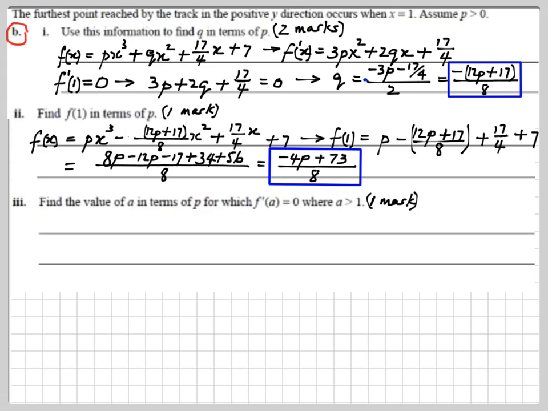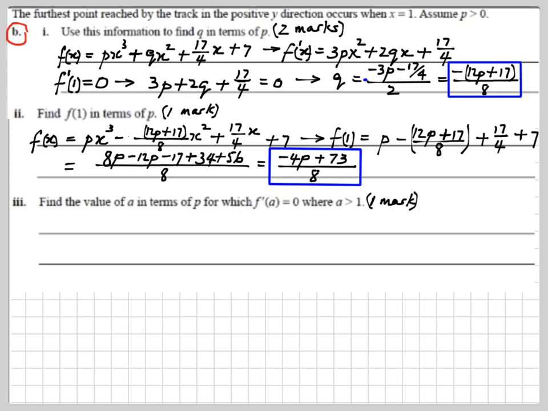Now, this question appears to be asking the value of another value of x, which we're going to call a, specific value a, for which there's another local something, max or min, right? And a has to be more than 1. So I think on the graph that equates to point E. Do you think so? Because they're saying a is greater than 1.